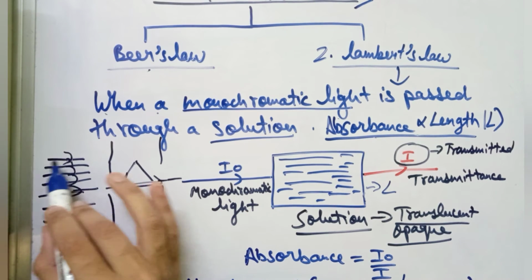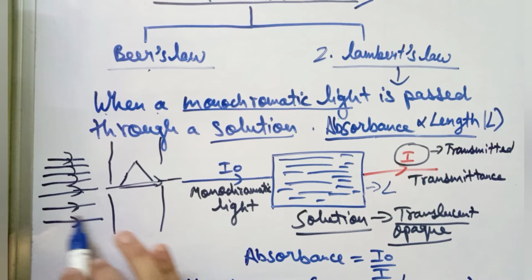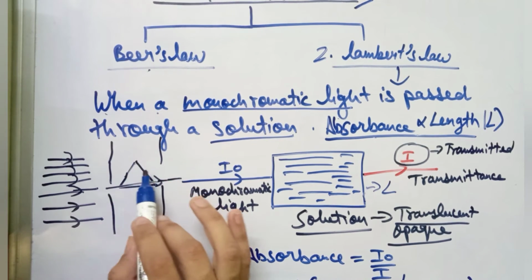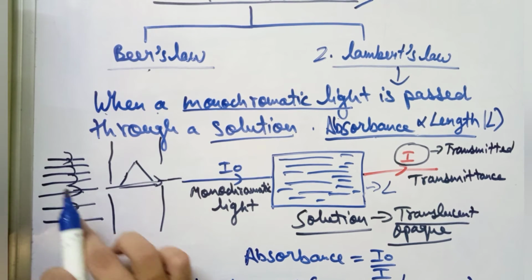When incident light of different wavelength comes, it will be converted into a monochromatic light by a monochromator, as usual.